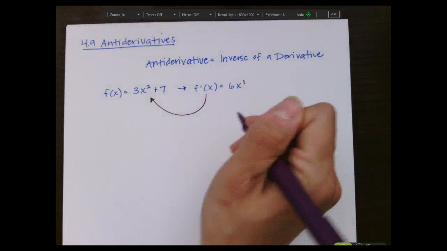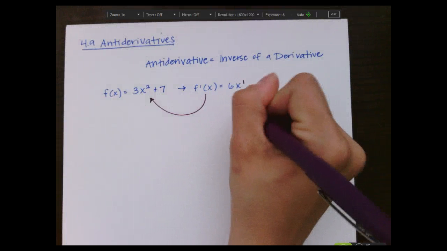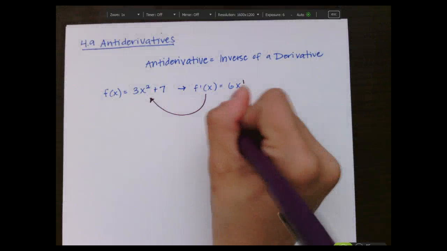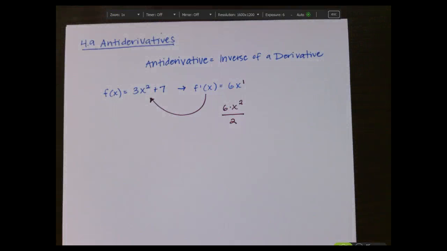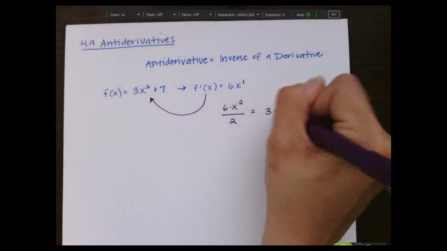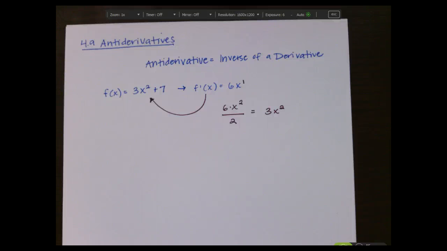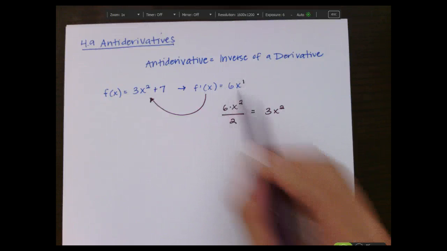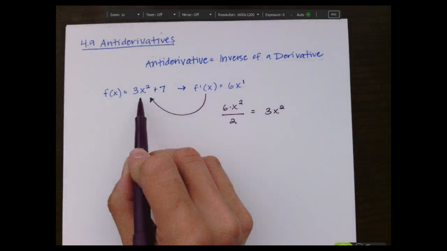So what that will give me is x squared times the 6 divided by that exponent of 2, which simplifies to be 3x squared. So I undid my process of the power rule, and again that is taking an antiderivative of 6x so that we get back to this original function.